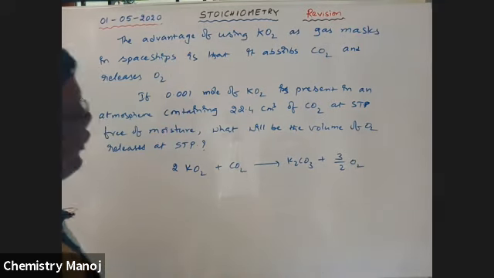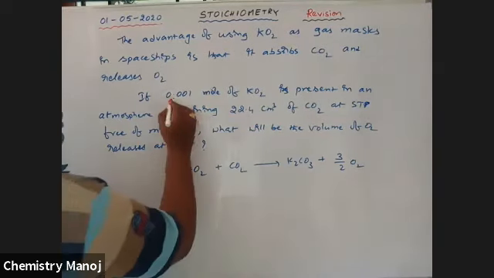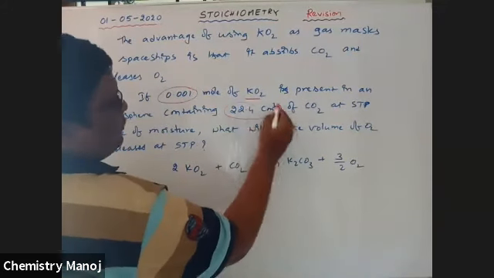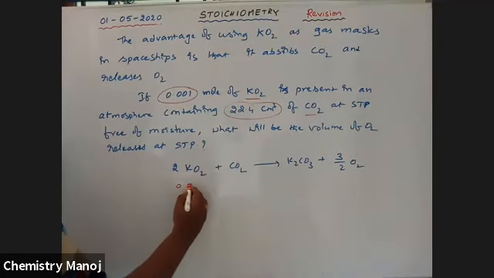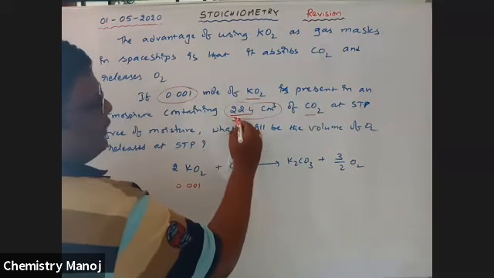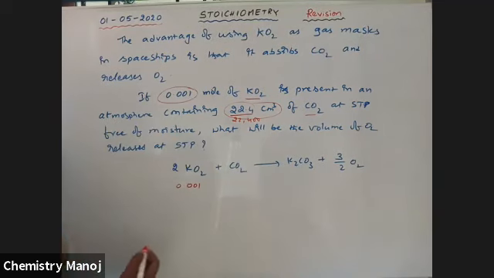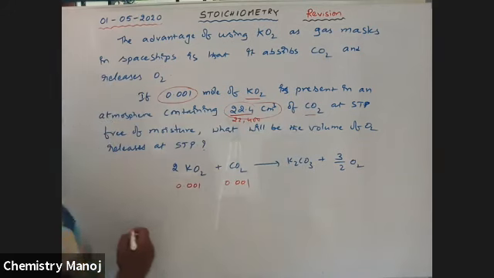Okay, I am going to solve this one. See here, 0.001 mole KO2, this much volume CO2. 22.4 by 22,400, that is 0.001 mole.